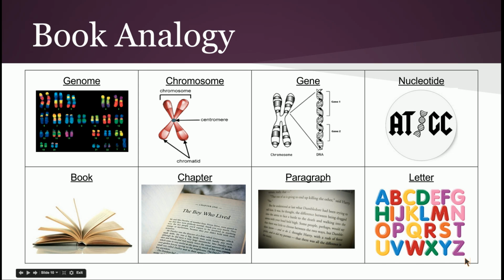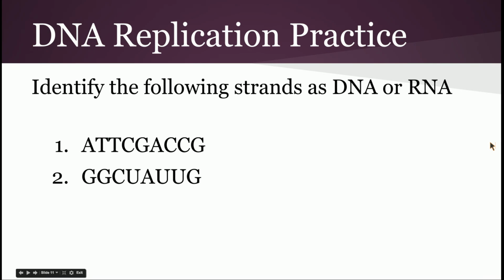Now, whereas books are written in different variations of 26 letters, the genes are made up in variations of only 4 letters, A, T, G, and C, because these are the 4 base pairs in DNA. You can make hugely variable combinations with just 4 letters, though, which is why we're able to have so many different proteins. So a little practice.